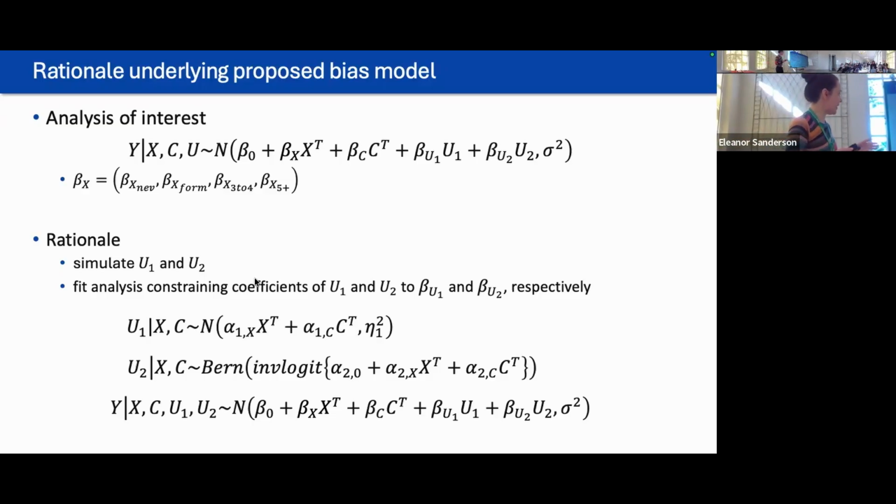We then fit the analysis of interest using constrained regression, where we replace the unmeasured confounders with their simulated versions, and we constrain the coefficients of those simulated versions to beta U1 and beta U2, which represent what we think is the relationship between the outcome and the unmeasured confounders given the exposure and the measured confounders. And we have to fit constrained regression here because when we simulated U1 and U2, we didn't simulate them conditional on the outcome. So we have to use constrained regression at the bottom.